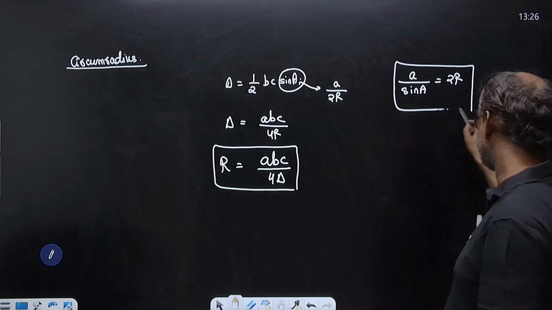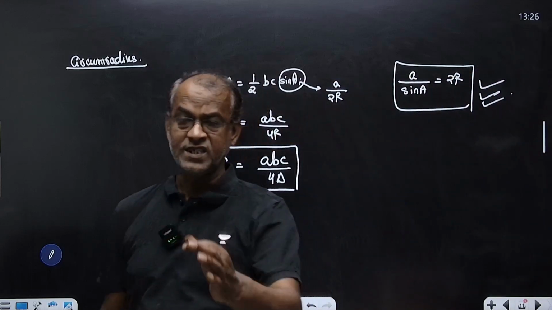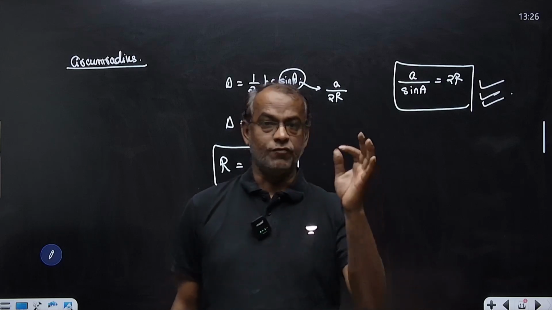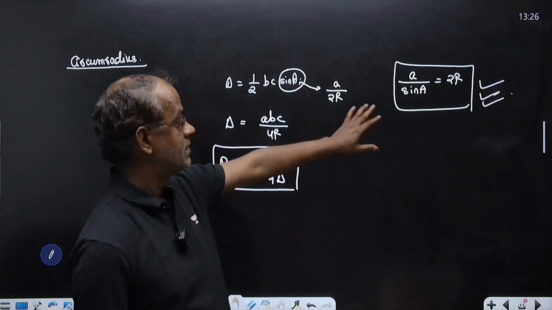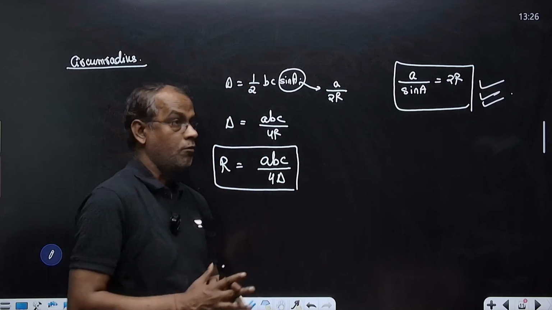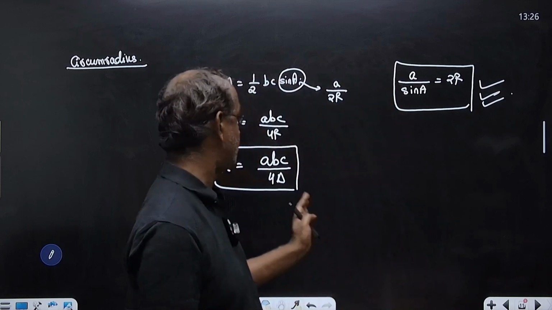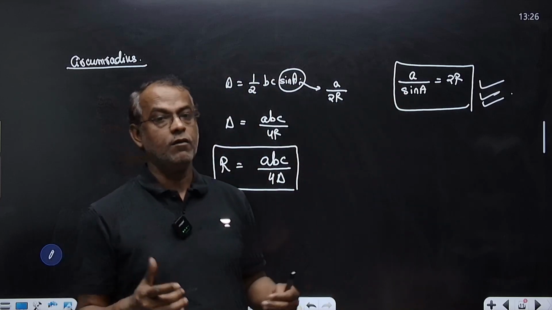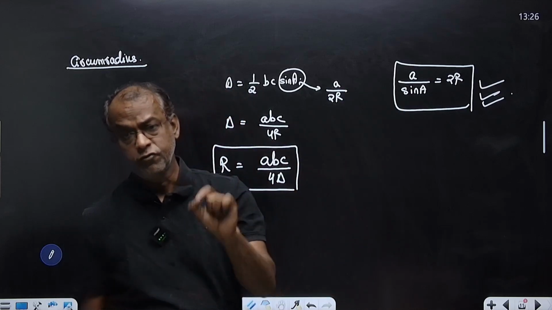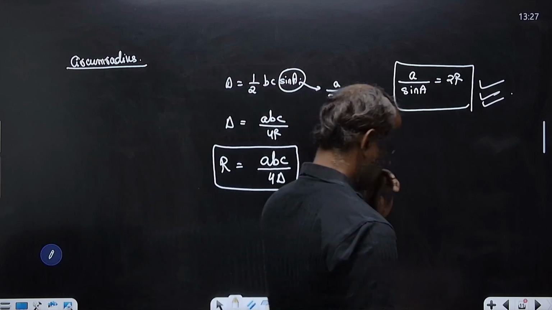Mostly, this is the way to find circumradius: one side and one angle, an angle and the side opposite to it. If it is known, we can very safely find the circumradius. In terms of problem solving requirements, this much information is rarely available. A side and an opposite angle is good enough to determine the circumradius.